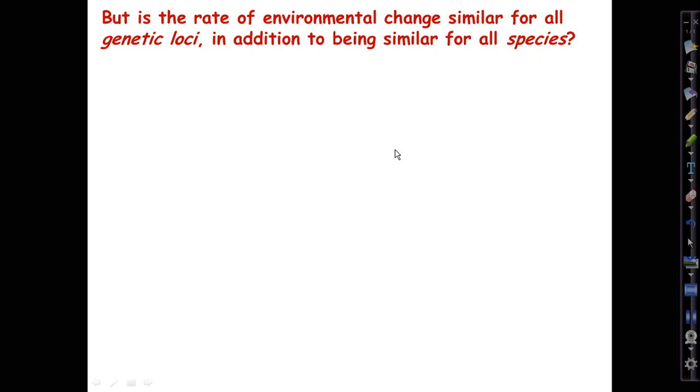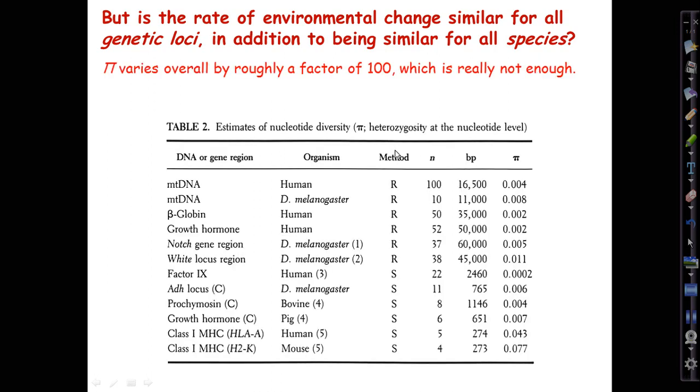The Bazant paper shows one data set that shows it one way. Here's an old compilation of observed levels of pi, nucleotide level pi, from early in nuclear gene DNA level population genetics.